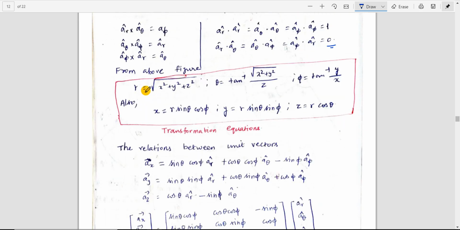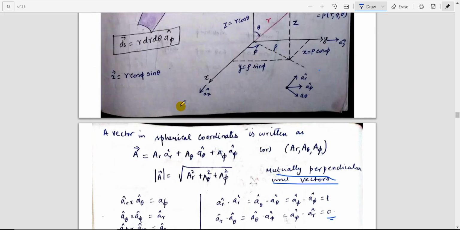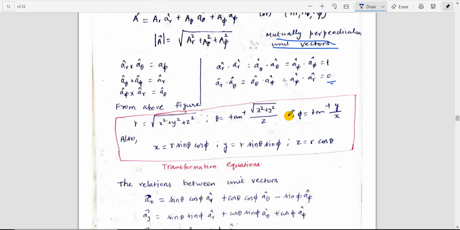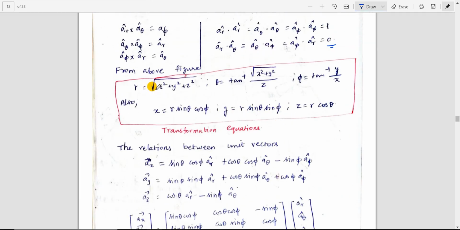So from the above figure we can get the r vector is equal to, because the r vector is representing the 3 axes also. So for the 3 axis diagram, the magnitude of the vector can be represented as root of x square plus y square plus z square. Also the angle theta is equal to tan inverse of root of x square plus y square.